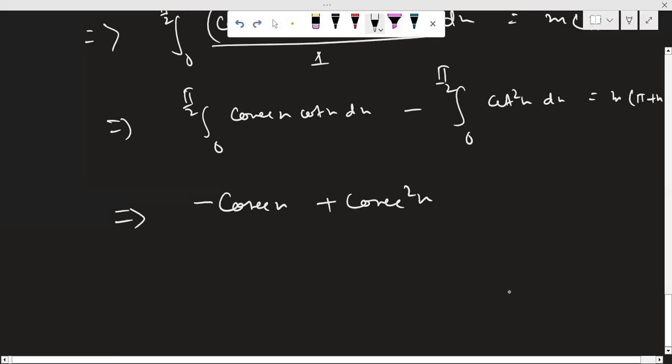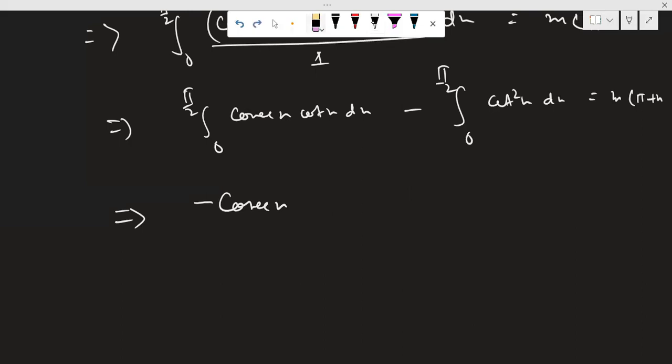So here we have negative cosec x, limit from 0 to pi by 2, and from here we have limit from 0 to pi over 2, cot square x written as cosec square x minus 1 dx.